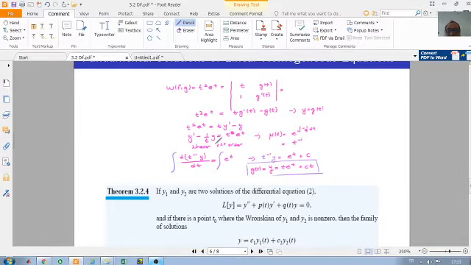So by using the method of integrating factor, the coefficient of y is minus 1 over t, and namely the integrating factor is equal to e to the power integral of the coefficient of y, namely e to the power integral of minus 1 over t dt.